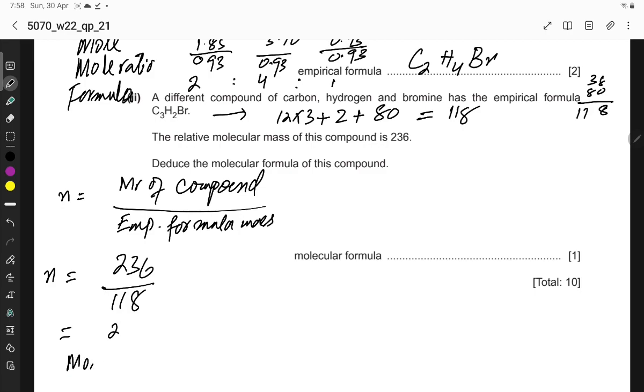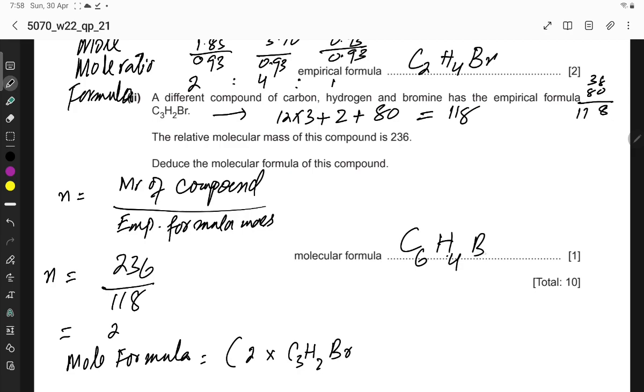And the molecular formula will be 2 into C3H2Br. So it is C6H4Br2.